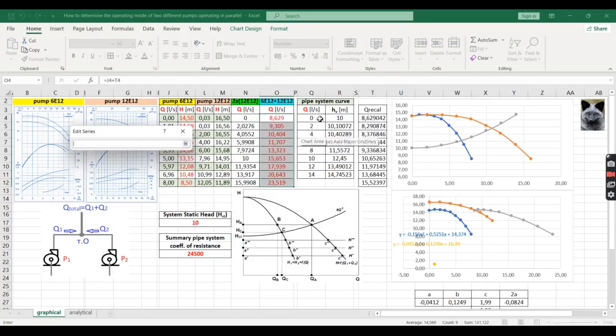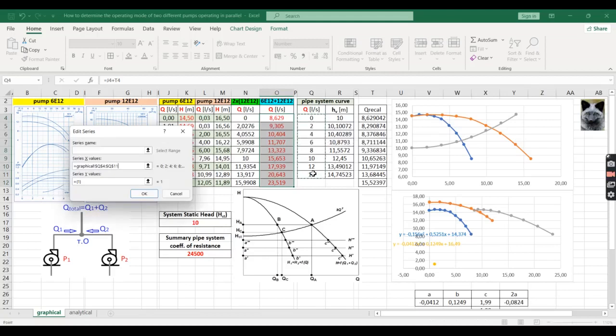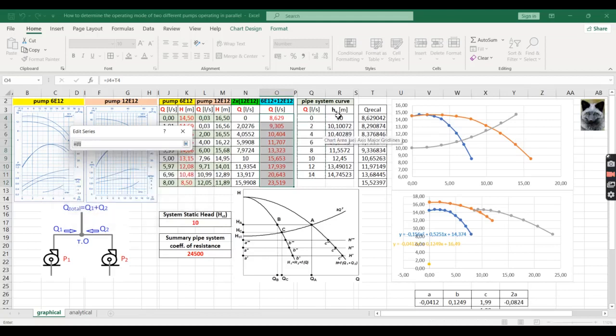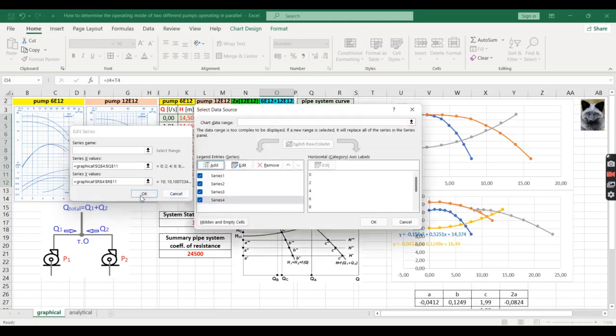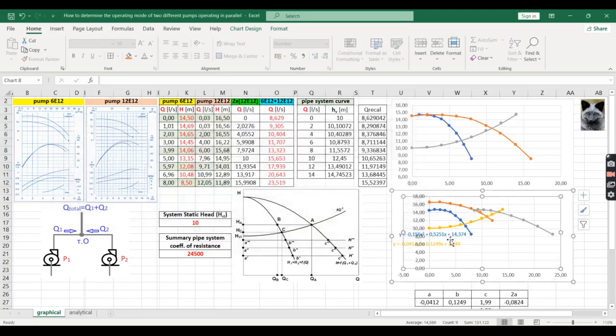For this aim, we're gonna use this Q data and this HV data concerning the head energy loss in the system. So now we don't need the equations of these curves anymore. Okay, so I can hide them.